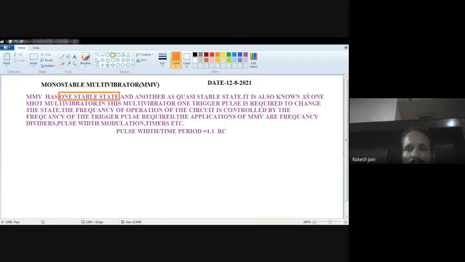It is also known as one-shot multivibrator. I just move this one word from here to here. Now you will see it is known as one-shot multivibrator. One trigger pulse is required here.